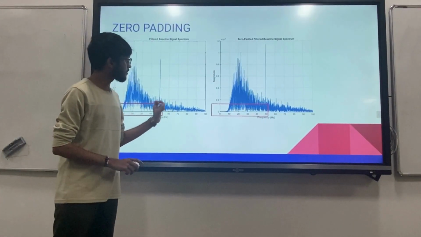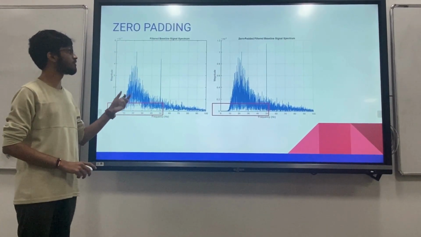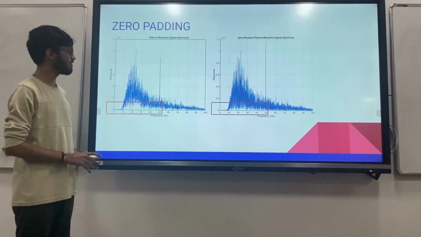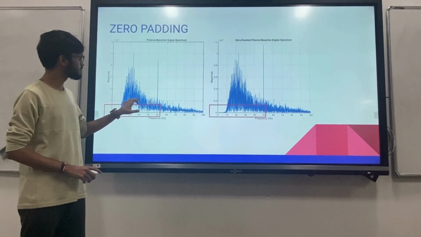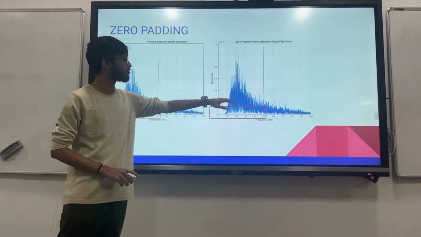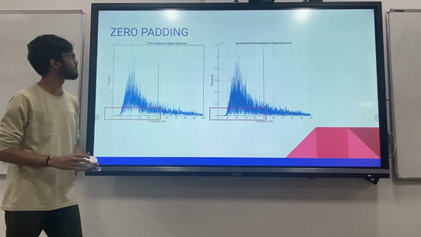Here we could clearly observe the signal becoming dense, or its resolution increasing. As you can see, there are some white gaps here, but those get filled up after zero padding because of the increase in the resolution.